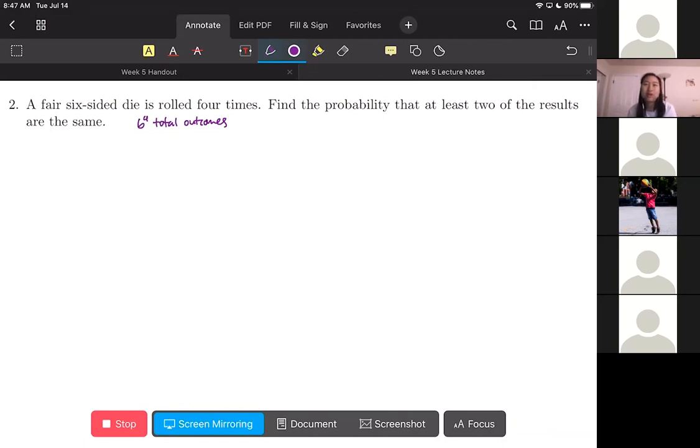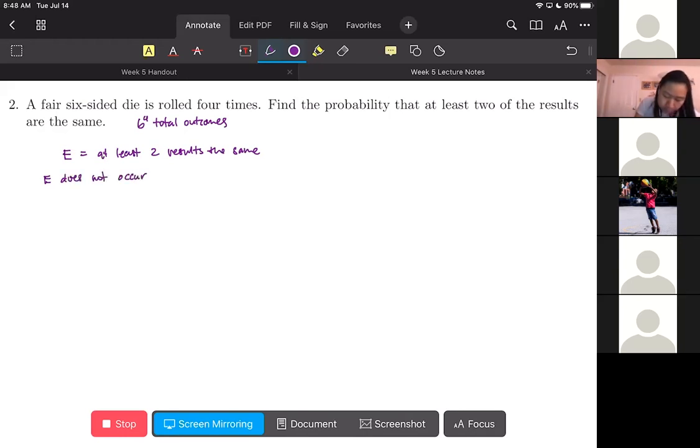What's the complement of the event at least 2 of the results are the same? So let's say E is the event. What's going to be the complement, i.e., E does not occur?